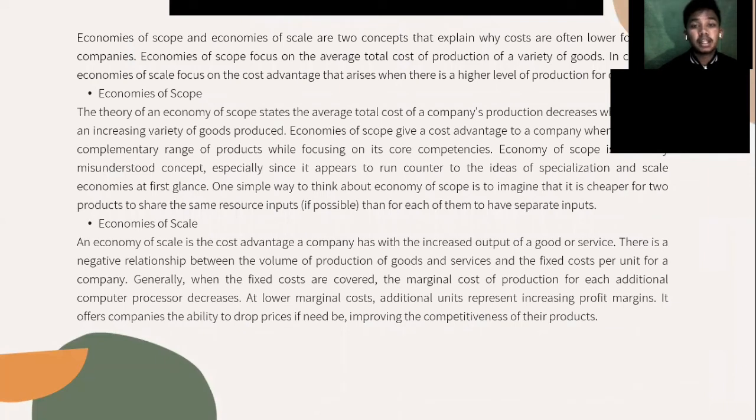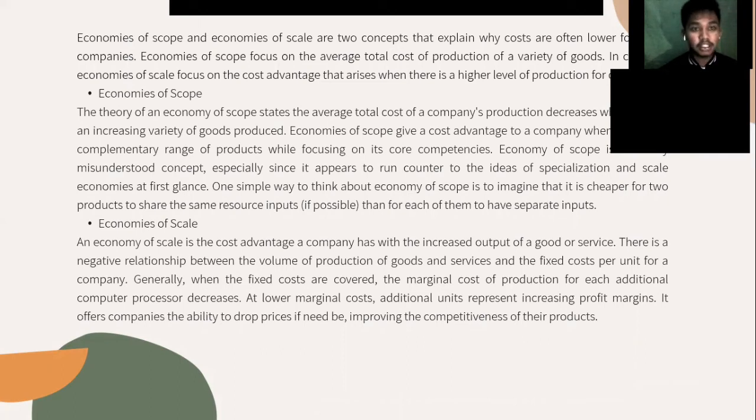So, economies of scope and economies of scale are two concepts that explain why costs are often lower for larger companies. Economies of scope focus on the average total cost of production of a variety of goods. In contrast, economies of scale focus on the cost advantage that arises when there is a higher level of production for one good.